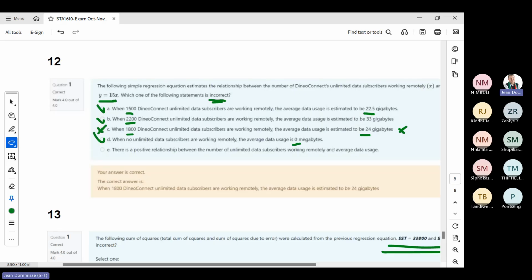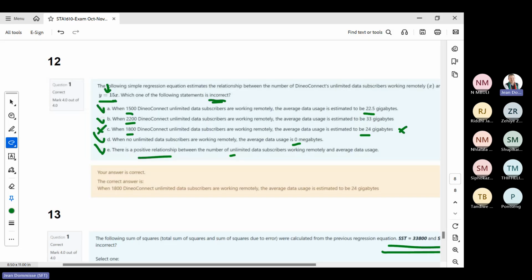There is a positive relationship between the number of unlimited data subscribers working remotely and the average. So what is in front of the 15 is a positive number, so it is going to be a positive relationship. They're not asking us what that relationship is, what the number is.